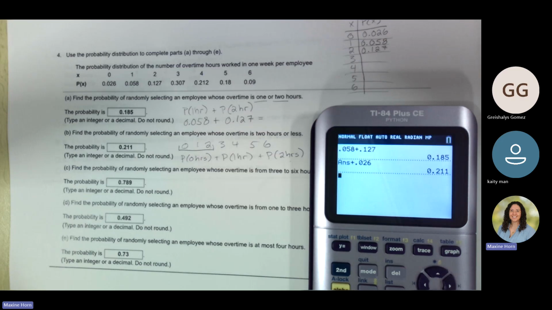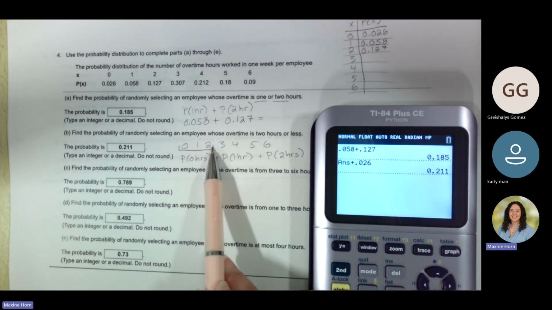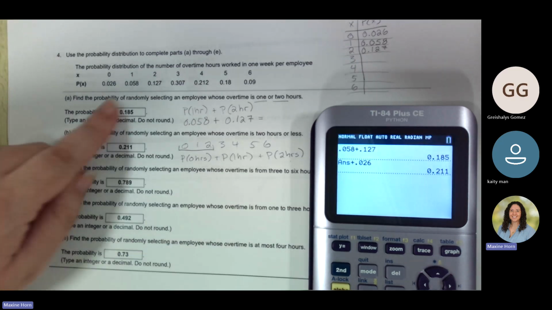Now, if you don't feel comfortable with that, if you find that you're kind of getting confused as to what you've added up previously and what you haven't, that's totally fine. You can absolutely just kind of start from scratch on this. And you can say, all right, probability of 0 plus probability of 1 plus probability of 2, right?